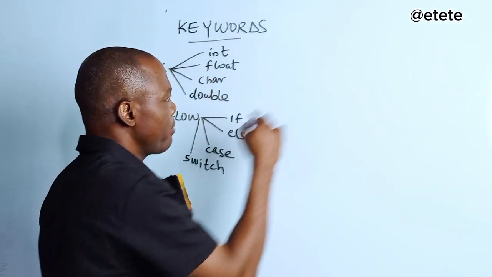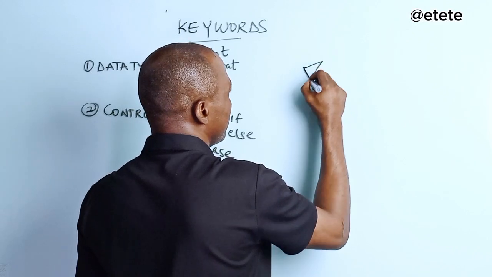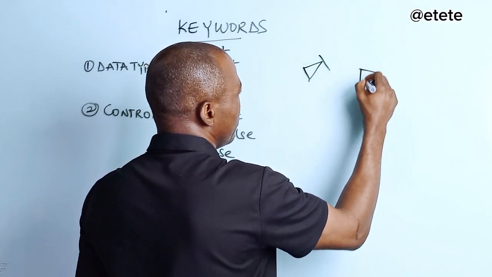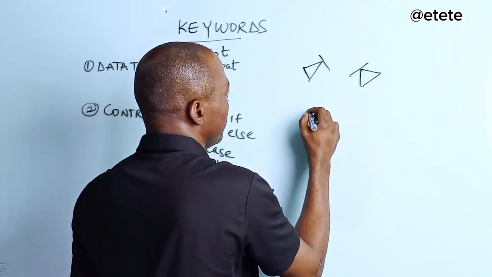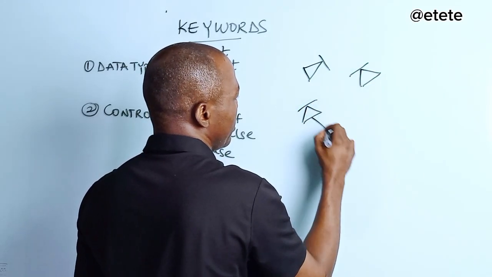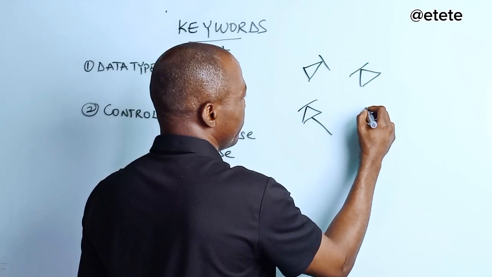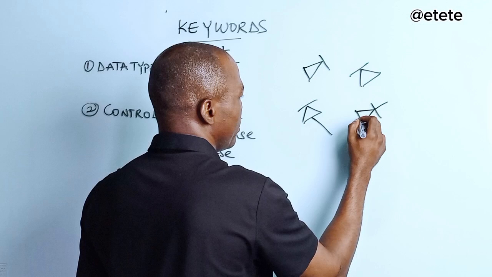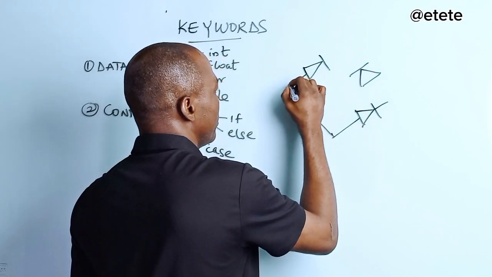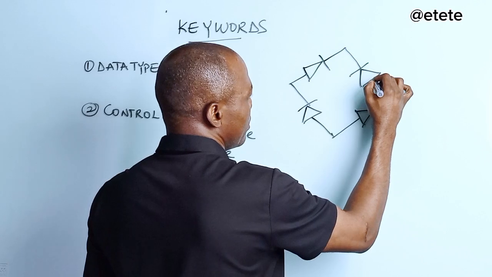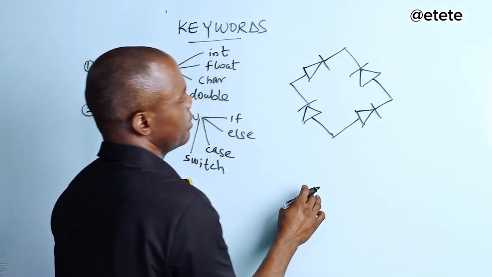In electronics, we have something like this, right? And then I have another one like this, and then another one like this, and then another one like this. So I have this here, then this, then this, then this.